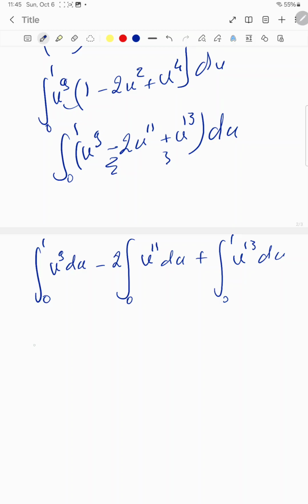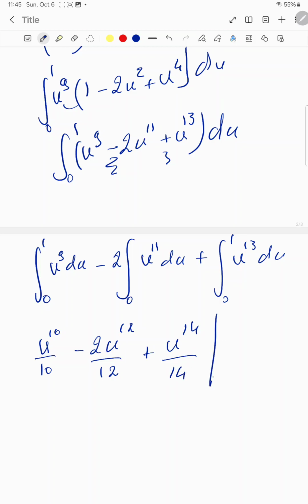So that's easy. It becomes u to the power of 10 divided by 10, minus 2u to the power of 12 divided by 12, plus u to the power of 14 divided by 14, and all that is between 0 and 1. So here I have to replace u by 1 at the beginning. So 1 to the power of 10 is 1.